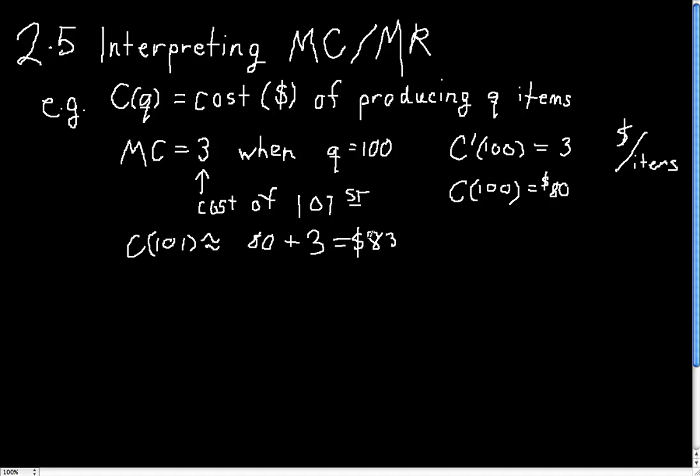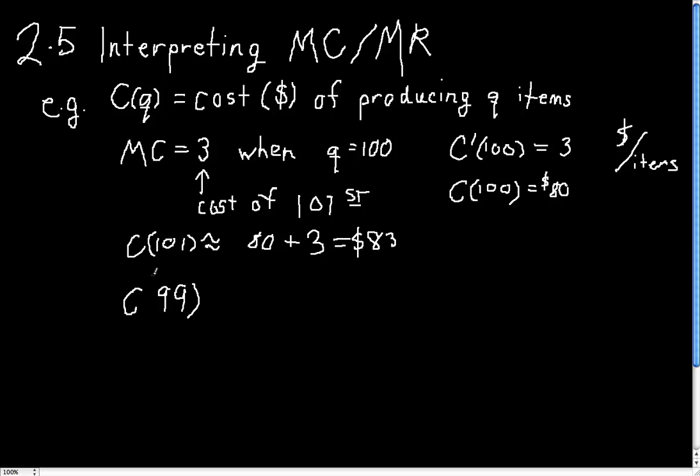So it's useful for a few things. We know what the cost of producing the next item is, and if we know what the cost is at that same point, we can interpret this as an approximation of the total cost. For that matter, we can go backwards with this as well. We could find out what C of 99 is.